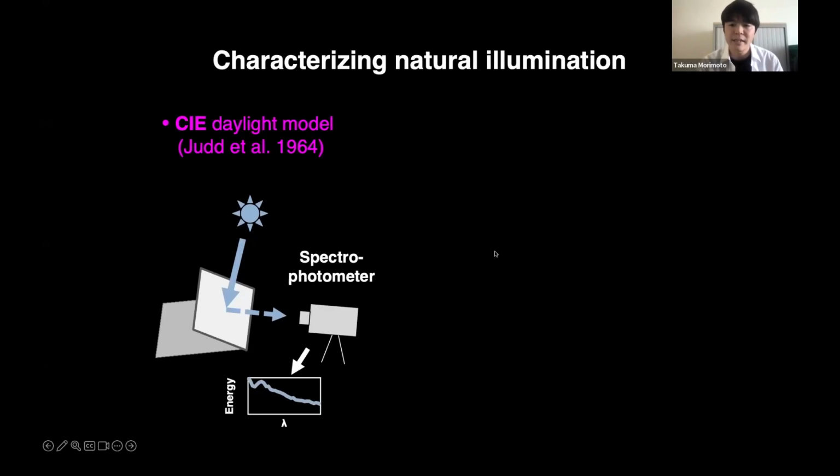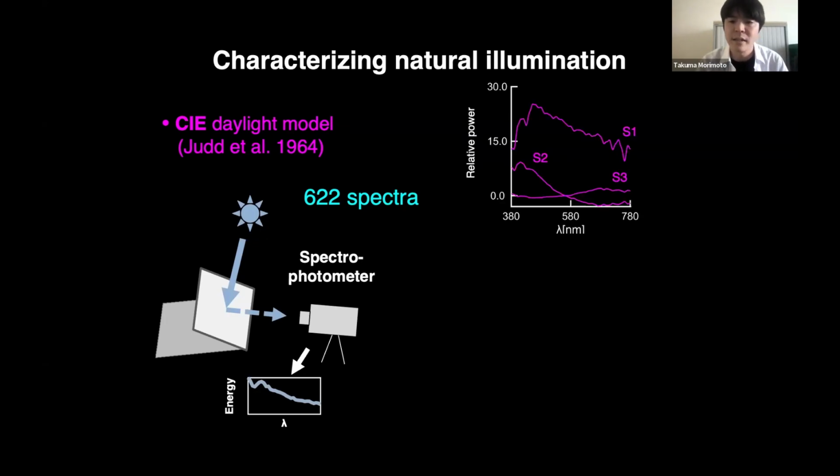Daylight measurement has a rich history in color vision research, and one of the most influential studies is probably the one by Judd et al., which is currently known as the CIE daylight model. What they did was analyze more than 600 spectra measured in outside environments at different times of day in 3 different countries using principal component analysis.